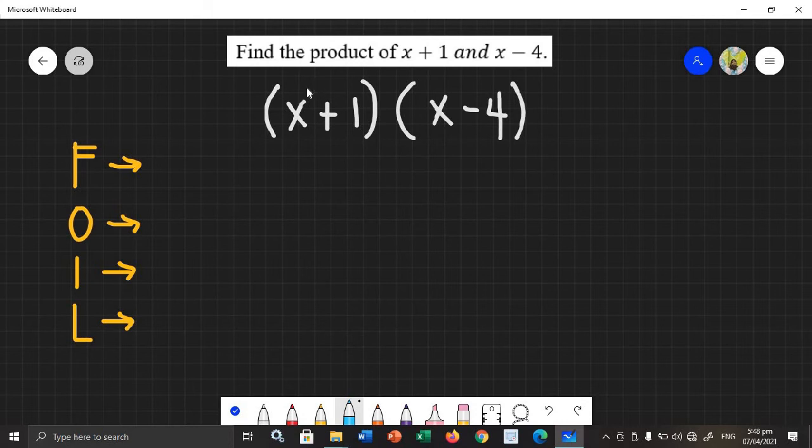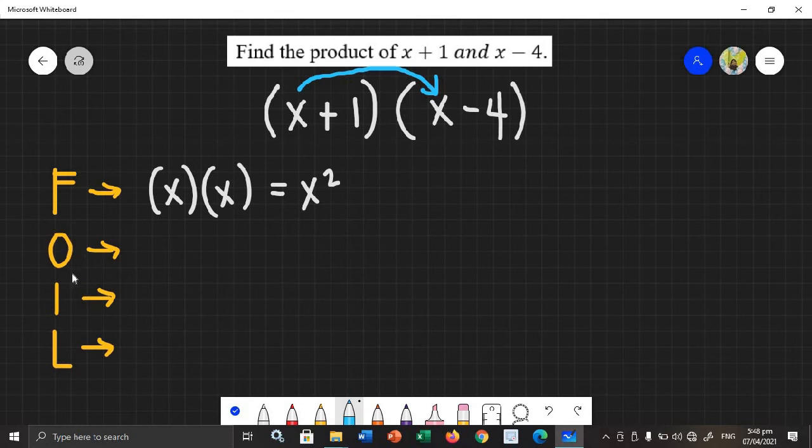Meaning, the first that we need to multiply is the first terms of the two binomials. So in this case, we need to multiply x times x first. And that will result to x squared. And then for the outer terms, x and negative 4, you need to include the sign. Okay?